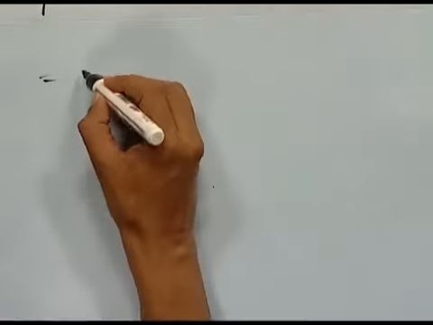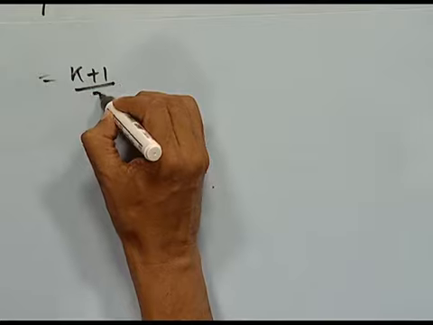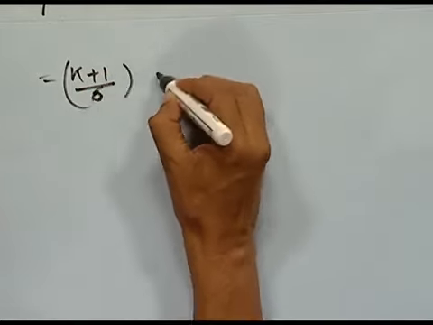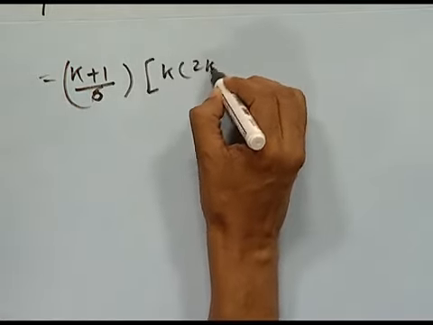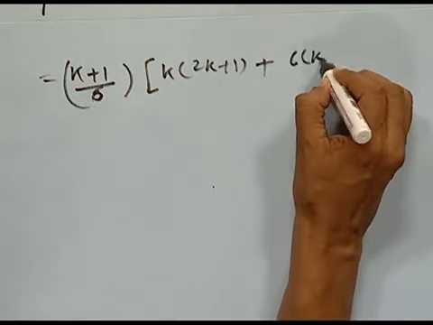Now, right side equals again (k+1)/6 times (k(2k+1) + 6(k+1)).